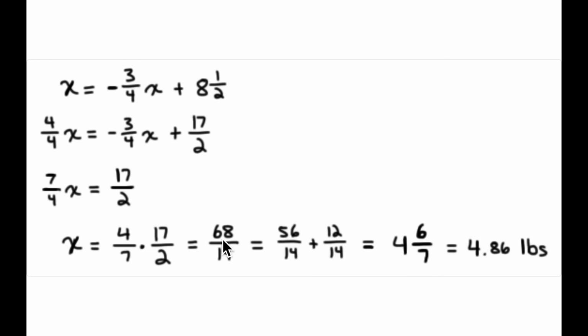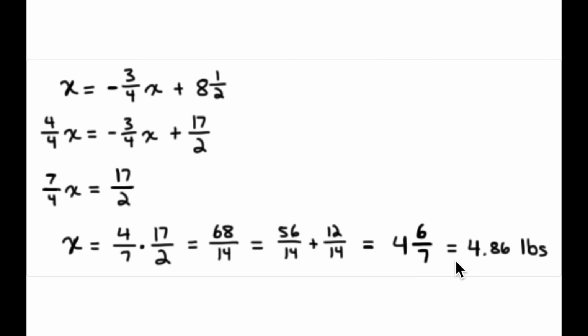So I can take 56 of this 68 and rewrite that as 56/14 plus 12/14 is what's left over. This is equal to 4, and we know that the answer is more than 4 pounds but less than 5 pounds, and it's just less than 5 pounds. This fraction here simplifies to 6/7. So at 4 and 6/7 pounds of both zucchini and broccoli, they will cost together $17.